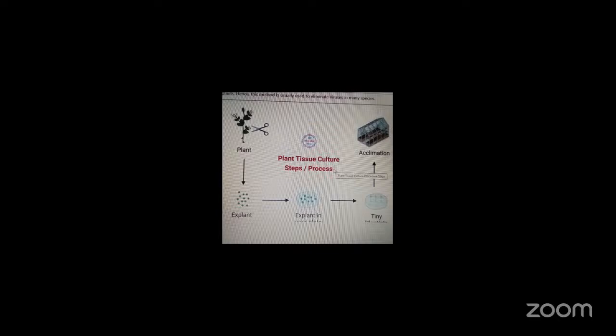So organogenesis can be of two types. That is direct organogenesis, and another one is indirect organogenesis. Indirect organogenesis involves the formation of organs via a callus phase.